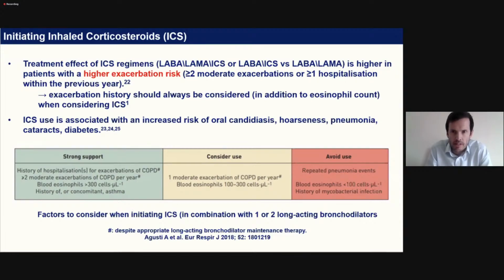A history of COPD hospitalizations or exacerbations, and/or higher eosinophil counts provide stronger support for the use of ICS therapy. Whilst for patients who have a history of recurrent pneumonia events or mycobacterial infection or lower blood eosinophil counts, there's less support for ICS use in such patients.